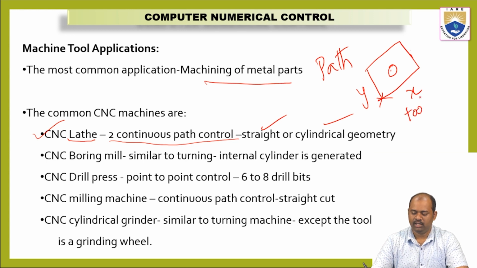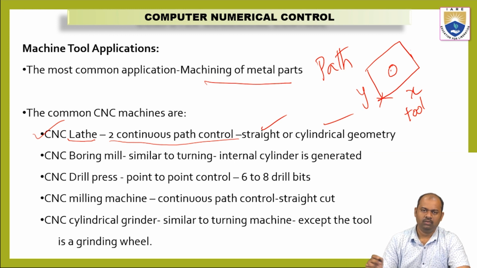Tool movement can also be controlled in a CNC lathe machine. The tool can be moved in X and Y directions, and the workpiece, which is fixed in the chuck, can move only in one way, that is rotational movement. So the path starts from the initial point and reaches the final point.